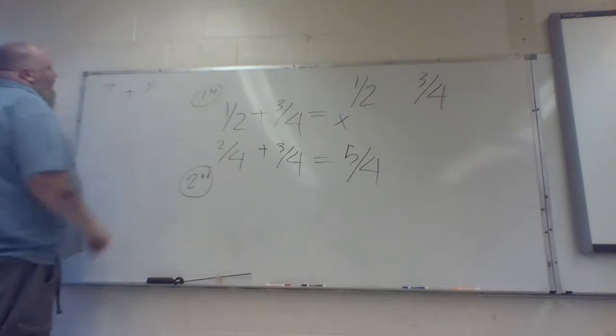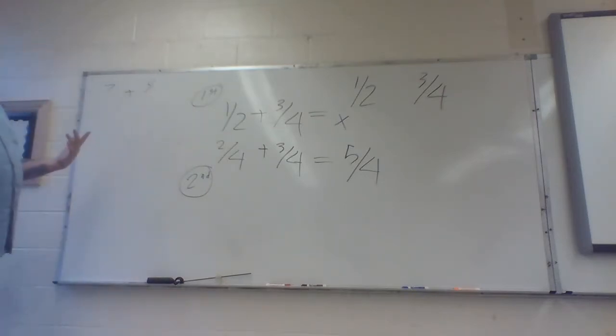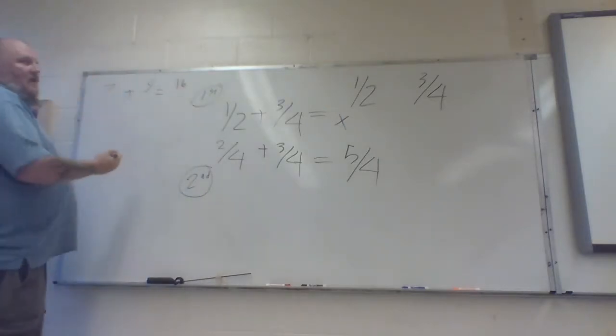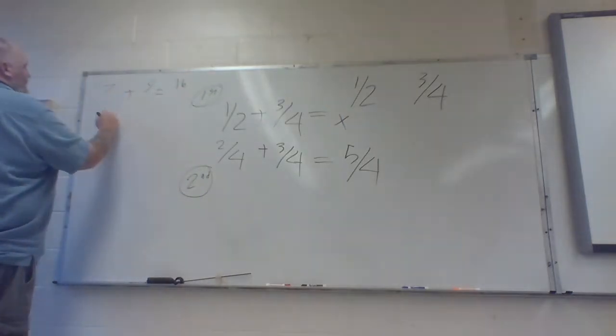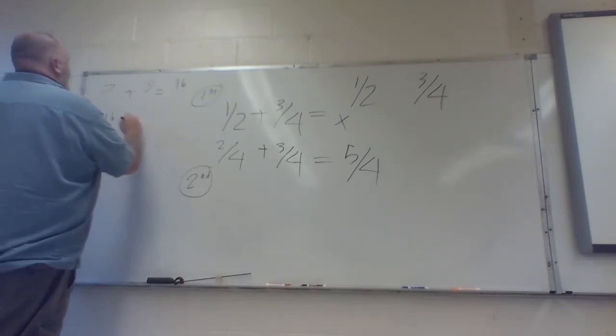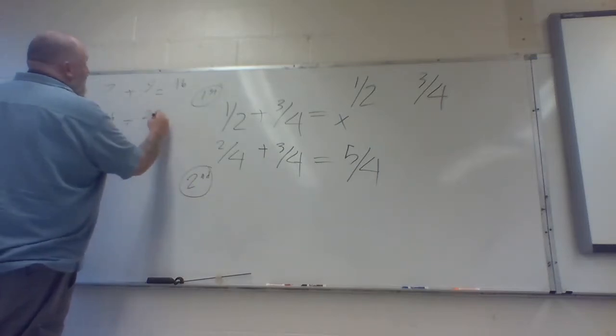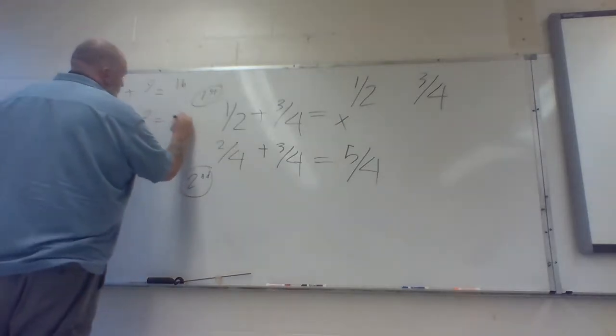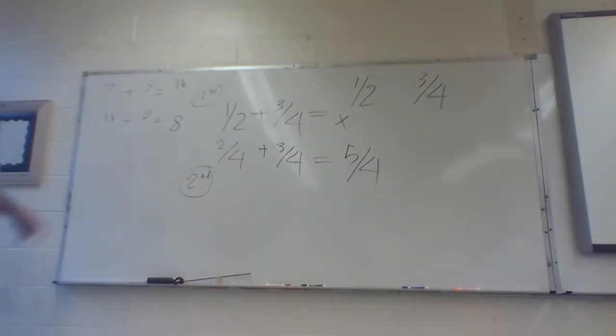First thing we're going to do is we're going to add 7 and 9 up. All right? That's going to give us 16. Then we're going to divide 16 divided by 2. It's going to equal 8. It's fair to say that 8's between 7 and 9, right?